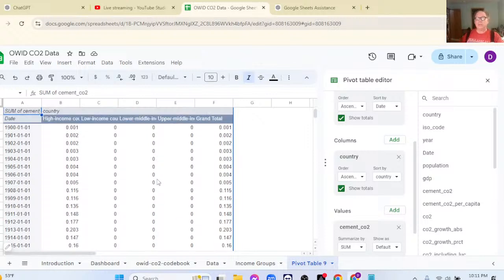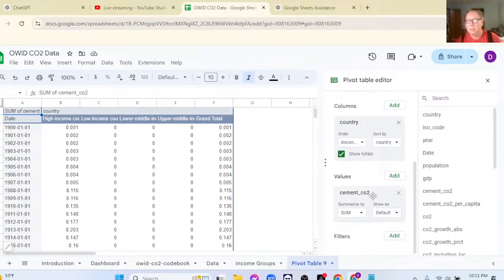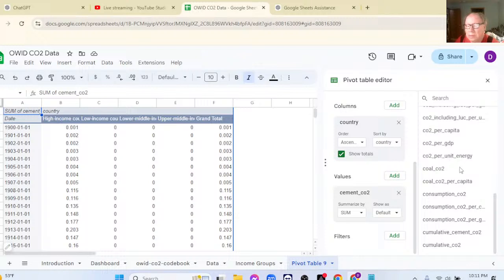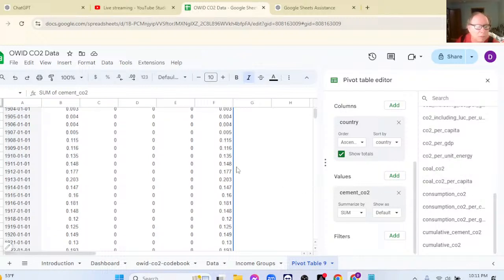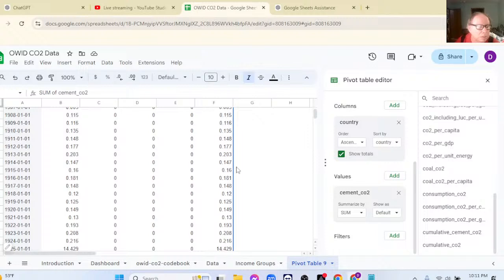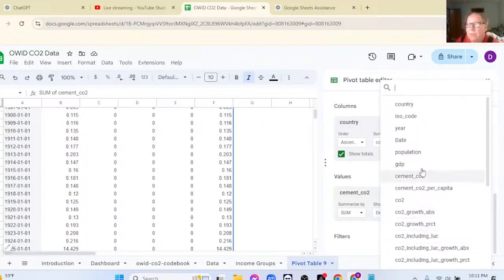But we can still go ahead and, let's get rid of, I don't know, shoot. How do we get rid of... let's add a filter for year.